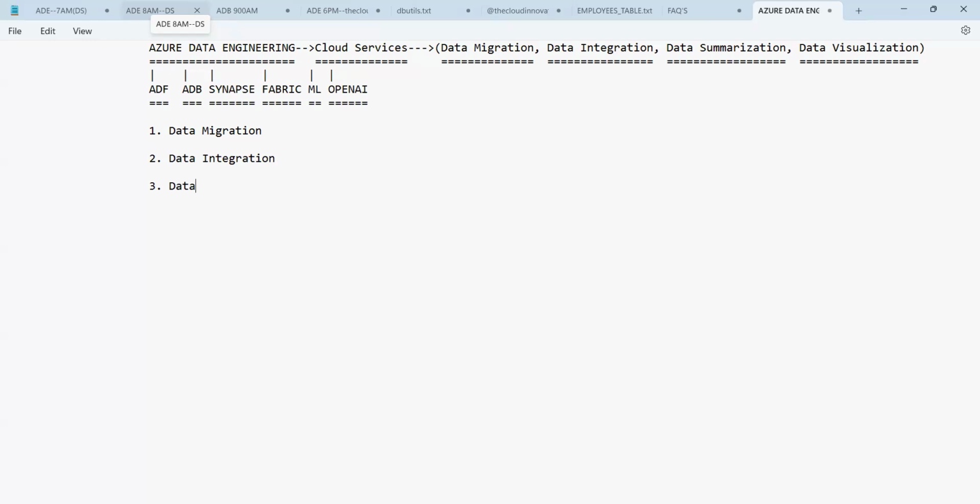Then we have data summarization, and then you also have data visualization.